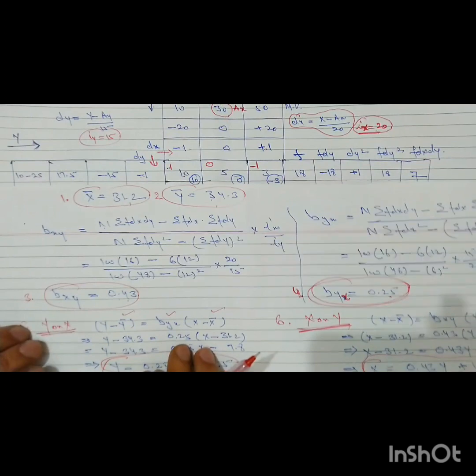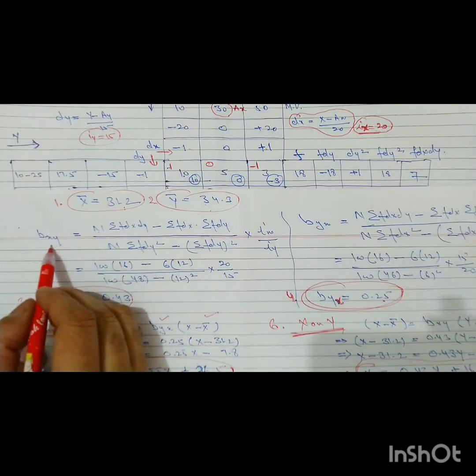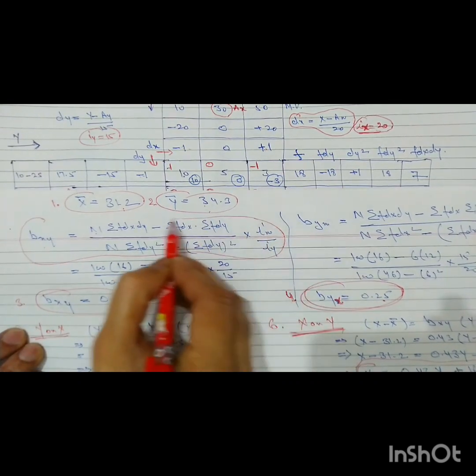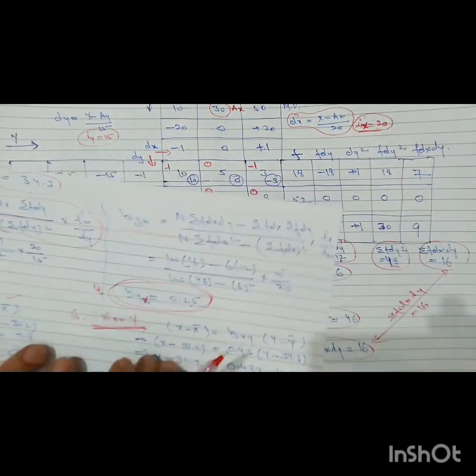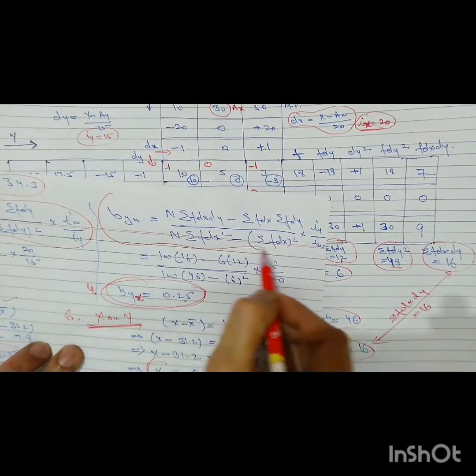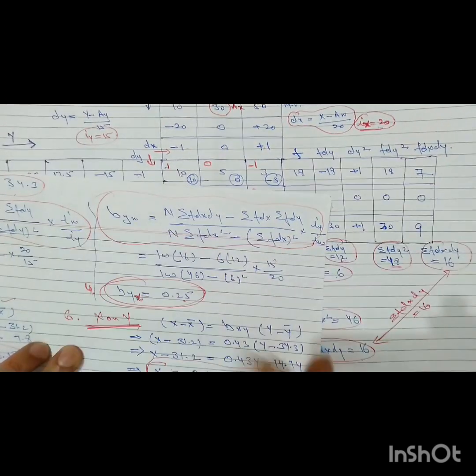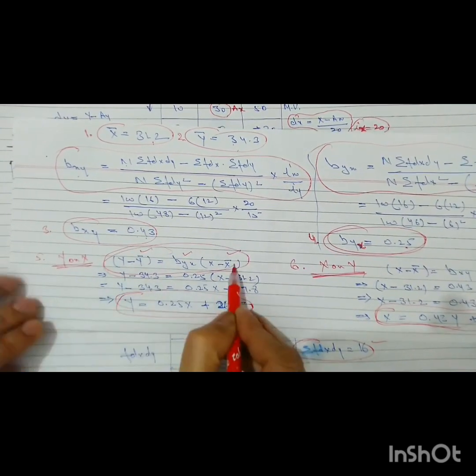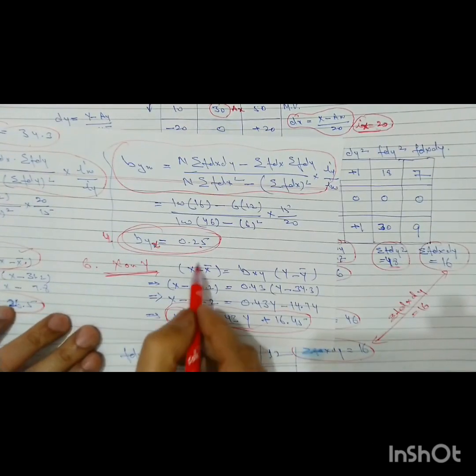Then the regression coefficient of x on y by using this formula. Then the regression coefficient of y on x by using this formula, right? Then the regression equations, then the regression equation x on y.